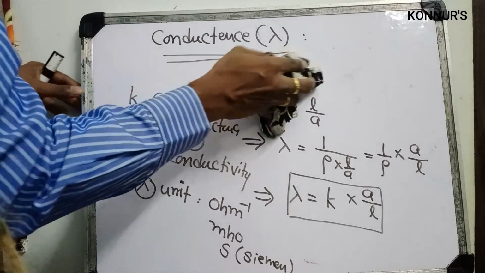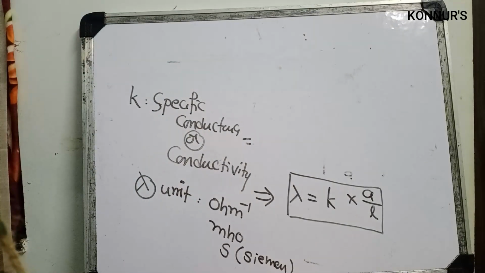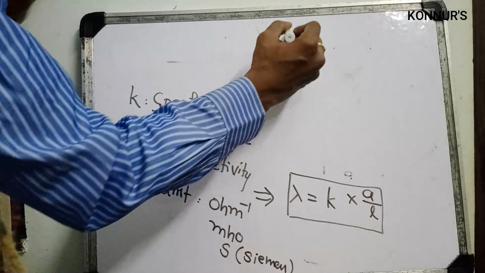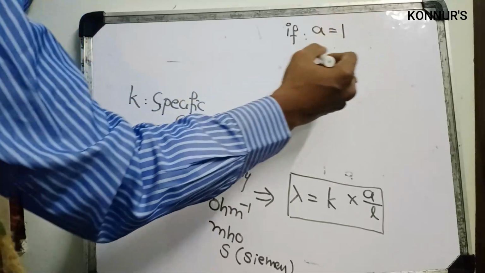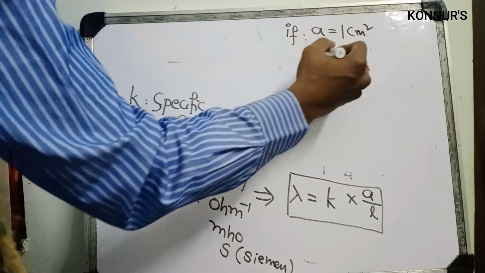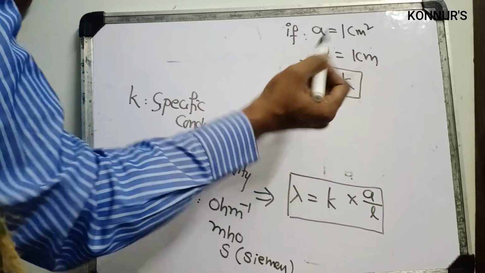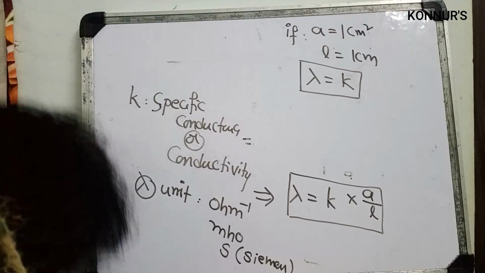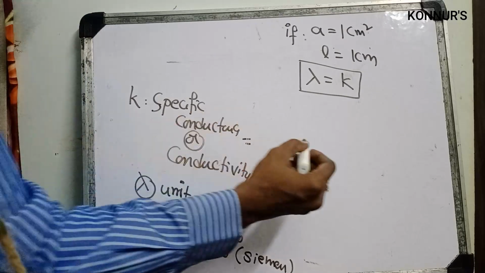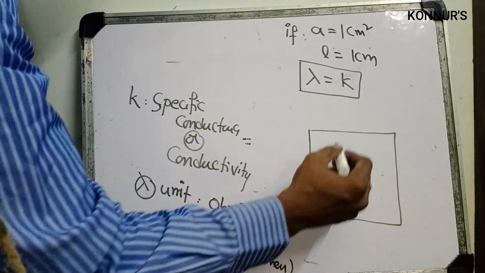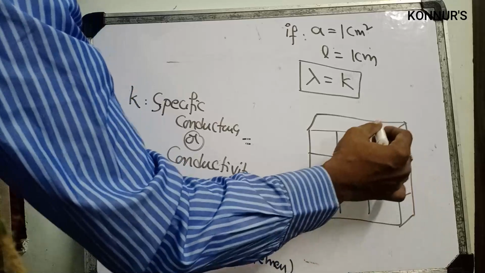Next, what about K? Lambda equals K into A by L. If A equals 1 centimeter square and L equals 1 centimeter, then lambda equals K. For easy understanding, we can take the same 9 boxes as previously.